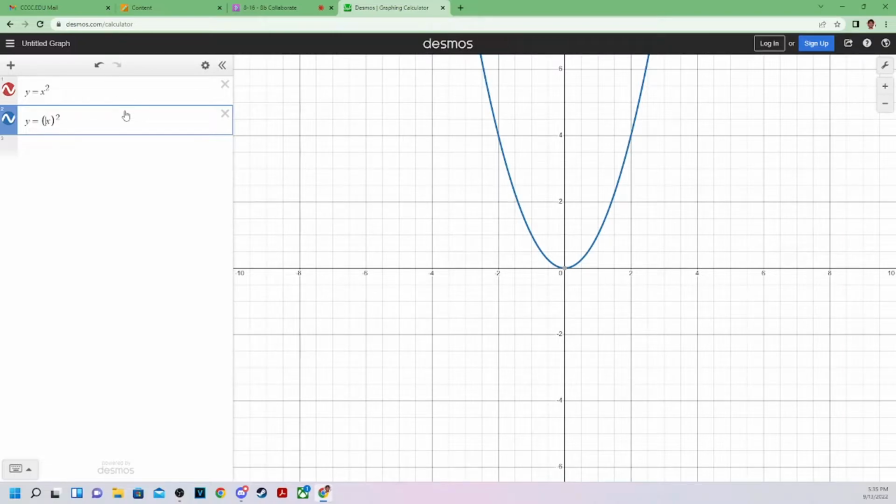If I reflect across the x-axis, I'd get this. It would flip upside down across the x-axis, kind of like a mirror. If I reflect it across the y-axis, it'll be the exact same graph, because it's this exact same shape. If I were to fold it, you would have the same image, just because it is symmetrical across the y-axis. So sometimes it might not matter in that case.